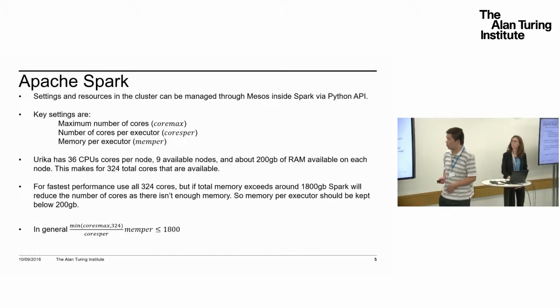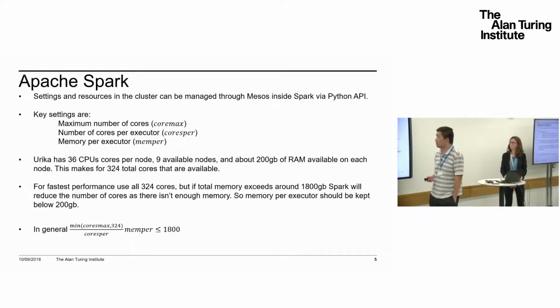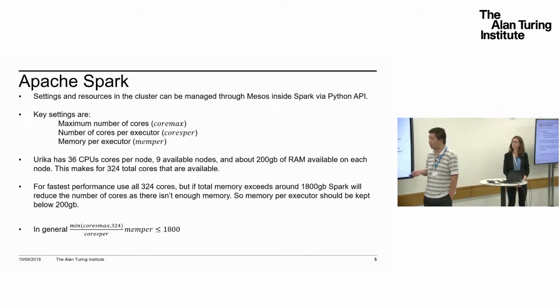Okay, so when you run a job in Spark, the main settings that you want to take into account are the following three: the maximum number of cores, the number of cores per executor, and the memory per executor. And all of this can be controlled through Mesos inside Spark via some sort of API.